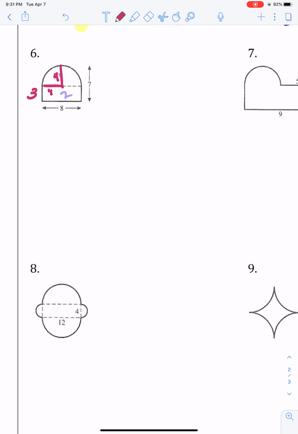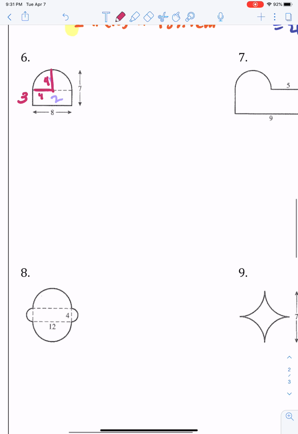So we're going to start with the arc. So that's just the curve. Arc equals half of pi times the diameter. That's half of pi times 8, which is 12.6.